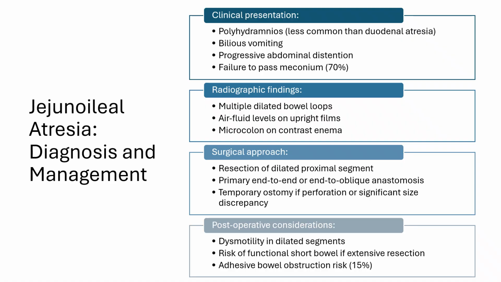Critical surgical decision-making involves preserving maximal bowel length while ensuring functional outcomes. Extensive resections or multiple atretic segments carry substantial risk for short bowel syndrome. Additionally, these patients face a 15% long-term risk of adhesive bowel obstruction, emphasizing the importance of meticulous surgical technique for optimal outcomes.